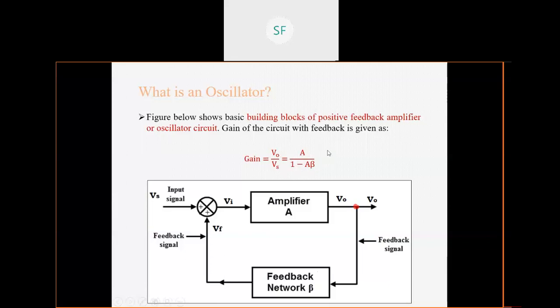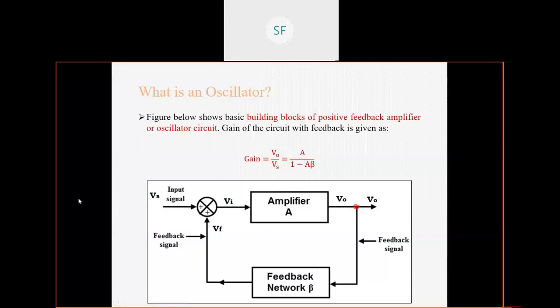We will skip the derivation since it is not mentioned in your syllabus. But at the end you will end up with this formula: V out divided by Vs is equal to A divided by 1 minus A beta.